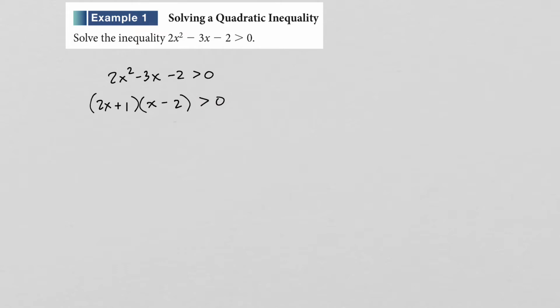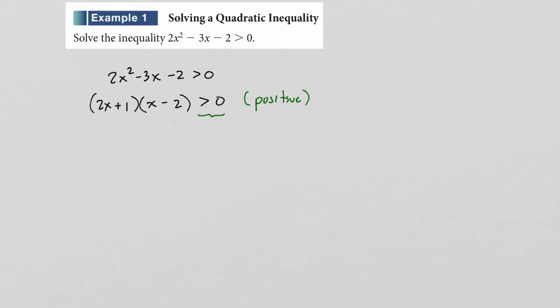Now think about the following. We are multiplying a number here with a number here, and we want that result to be greater than 0. Greater than 0 means positive. So what we're saying is when we multiply these two numbers, we want the result to be a positive number. How do you get a positive number?